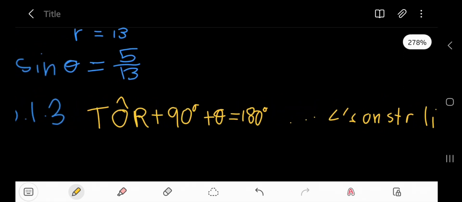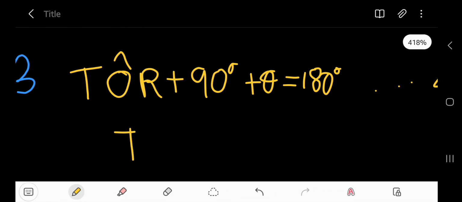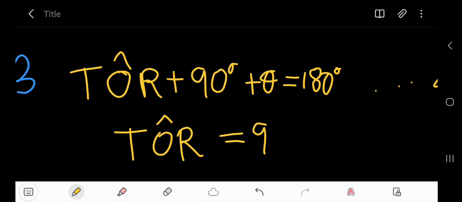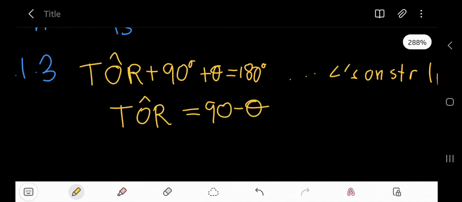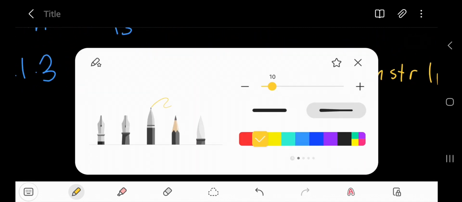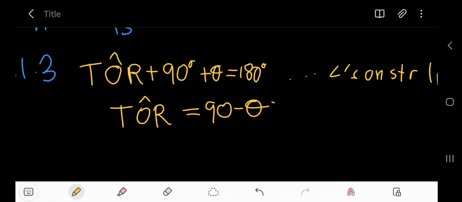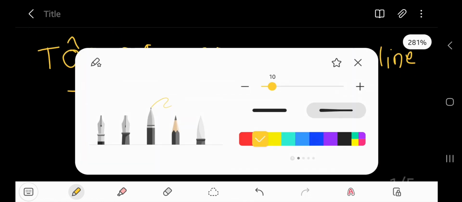Understanding that, we can conclude that angle TOR is equal to 90 minus theta. Now that we have that angle, the rest is history.